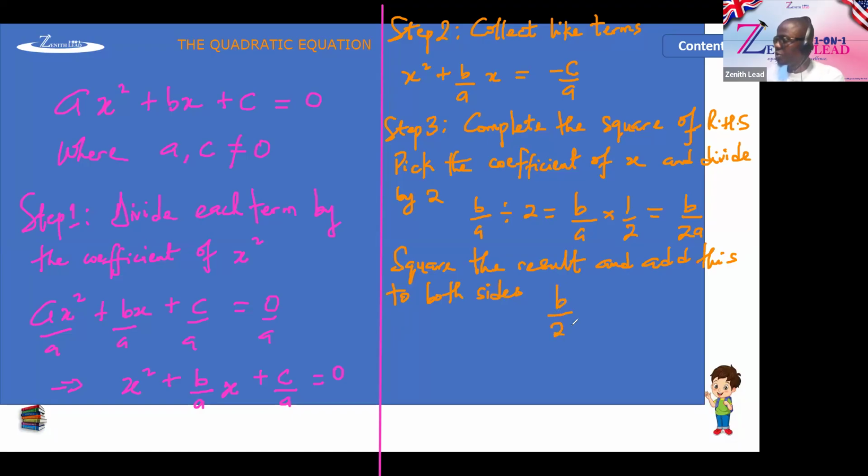The result is b over 2a. When we square it, both the numerator and denominator get squared up.